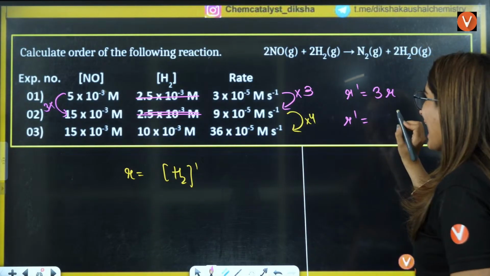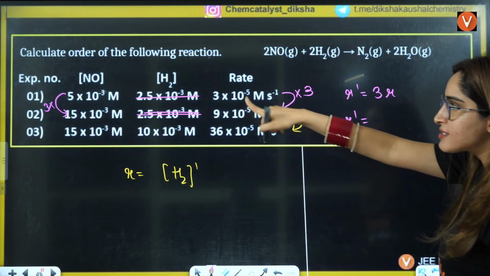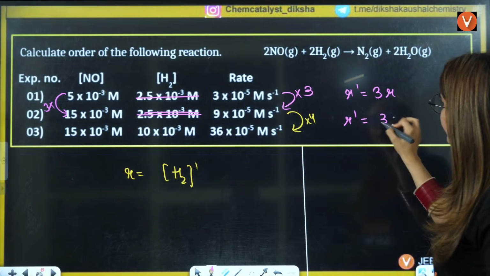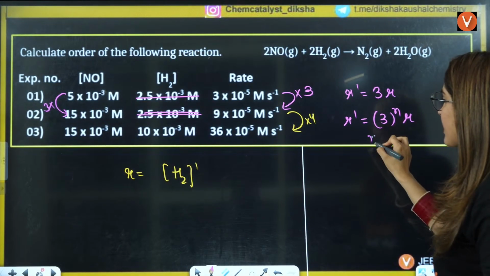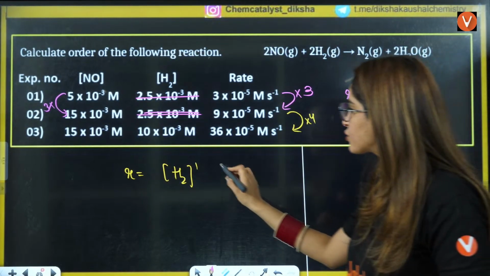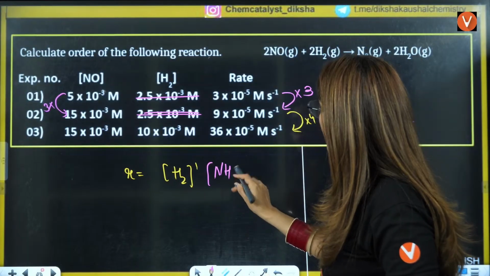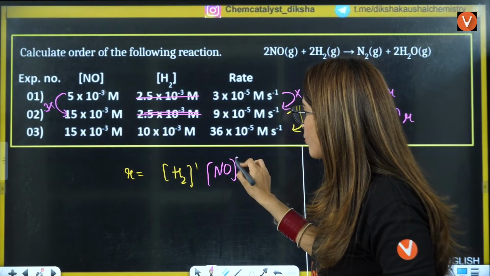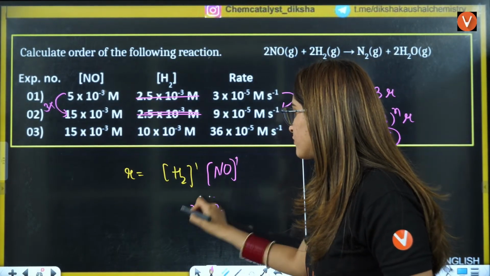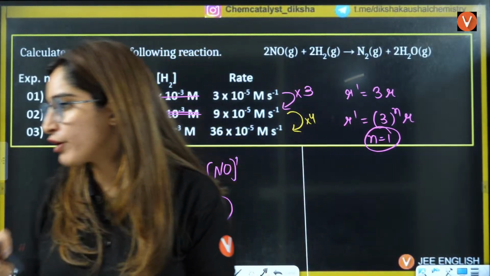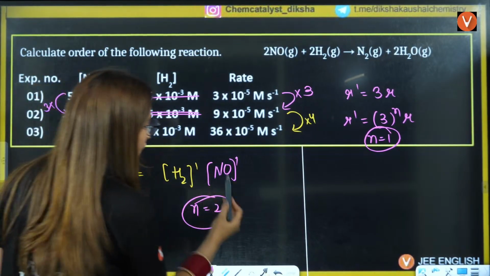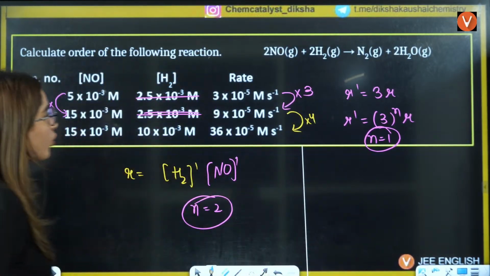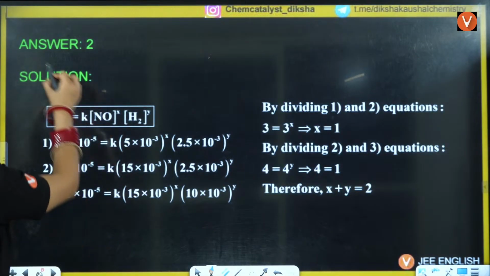Also, we know x raised to power n, where x means how much the concentration is multiplied: 3 raised to power n. That means again n is equal to 1. So with respect to NO also, it is 1. Overall order of the reaction will be 1 plus 1, that is 2, which is the correct answer here.